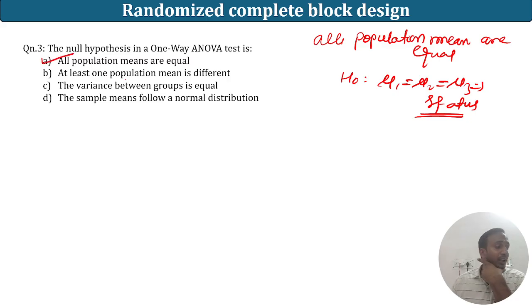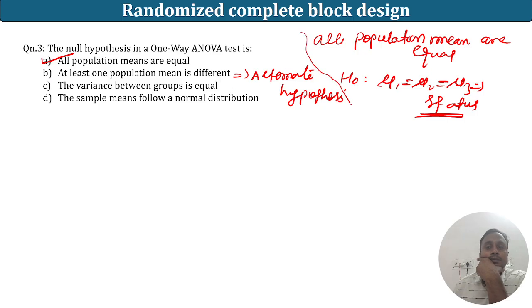At least one population mean is different. It's an alternate hypothesis. Okay, so this can't be the answer. The variance between the groups is equal. It's an assumption.